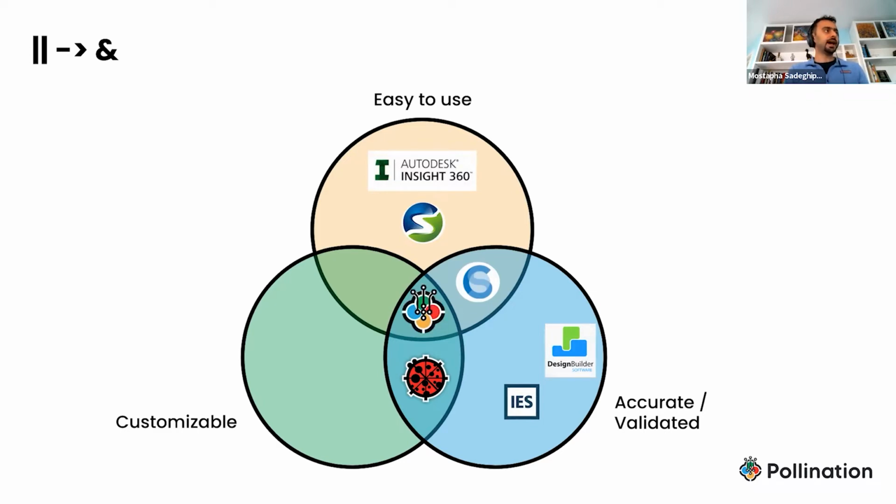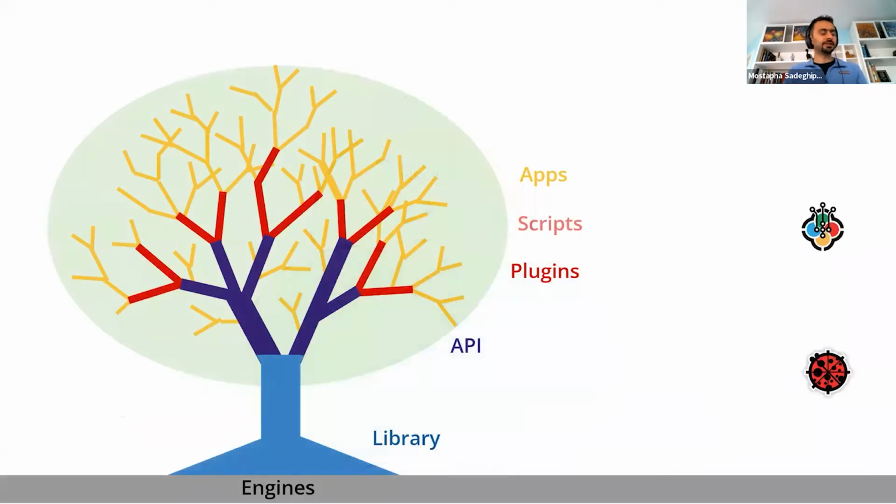So to make this happen, the secret sauce to build something that can be customizable and accurate and easy to use at the same time, is to make it a tool set with layers of infrastructure that are hackable or accessible to the users. This is the infrastructure that we had to build to get to where we are.